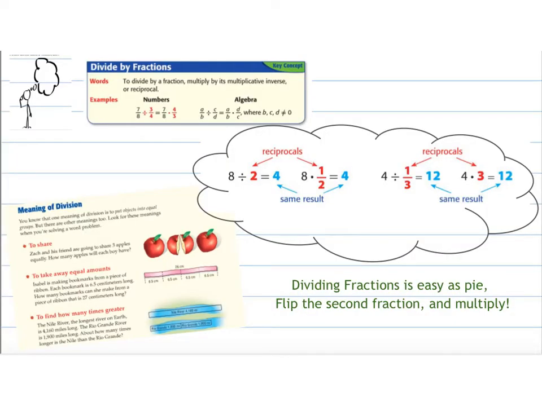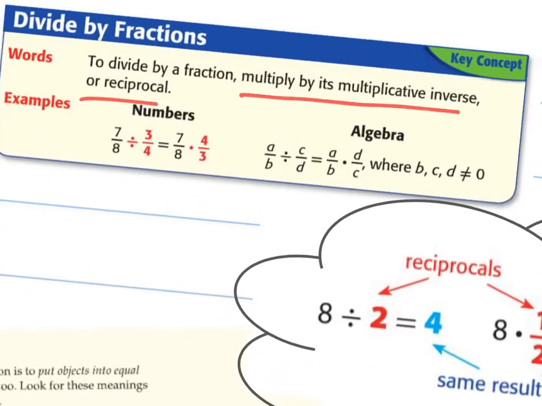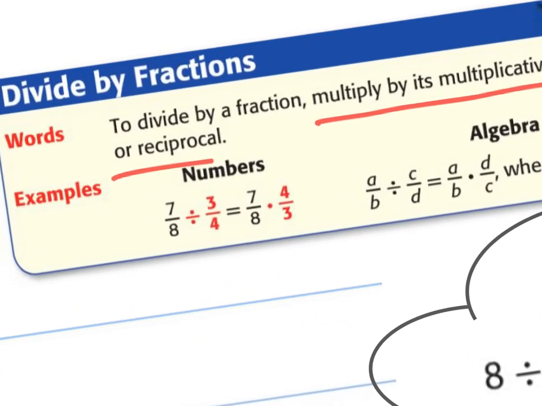When we divide by fractions, we're actually multiplying by its multiplicative inverse or the reciprocal. So let's look at this for a second. 7/8 divided by 3/4 is actually the same as 7/8 times the reciprocal, which is 4/3.